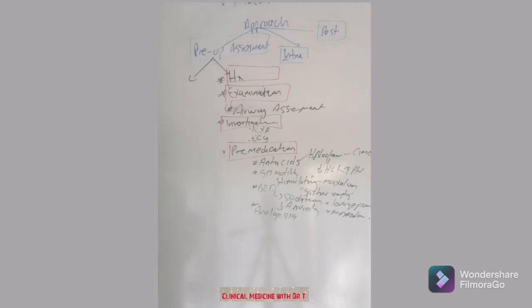So if you give it pre-op, it can help you reduce the number of drugs that you might need to use intra-op, and also the doses, because the more drugs you give intra-op, the more complications come with them.